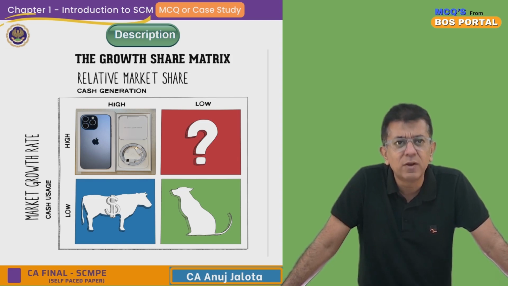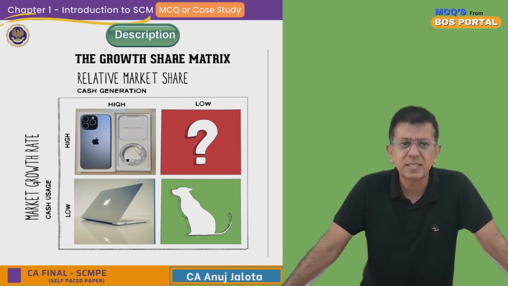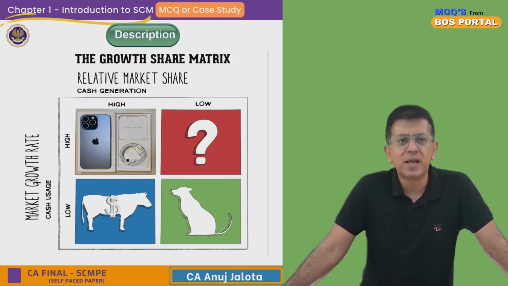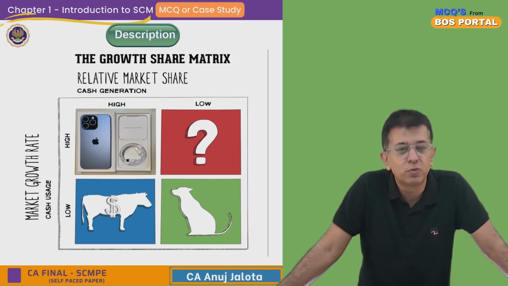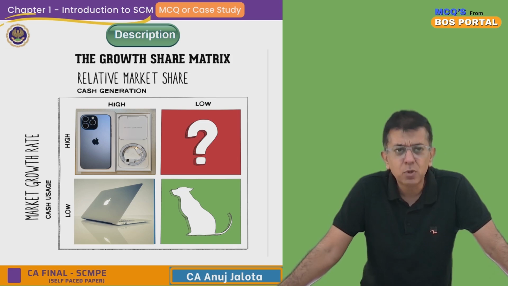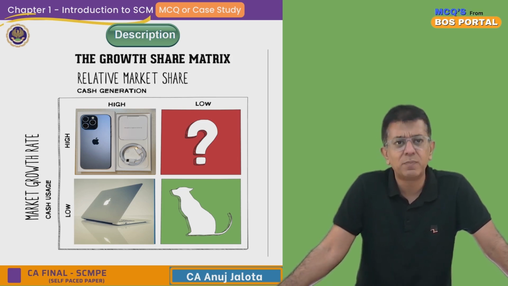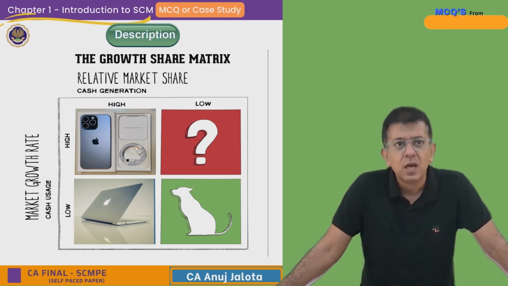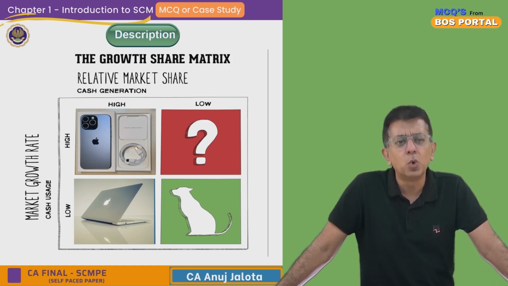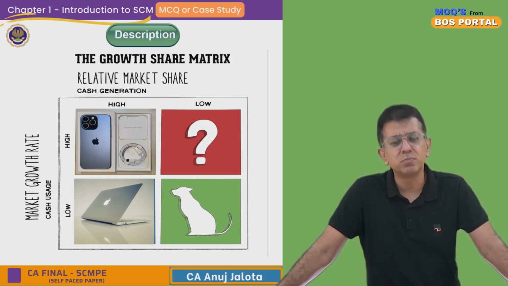Next in line, say, cash cow. One example would be your MacBooks, and one more example could be iPads. If you think about it, the growth rate of MacBooks and laptops has not increased much.